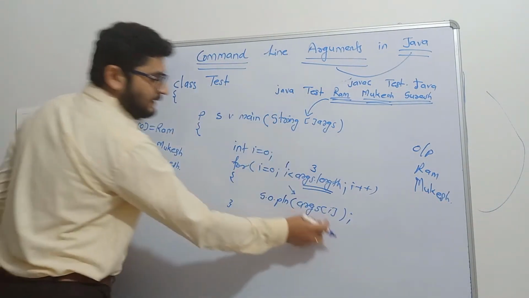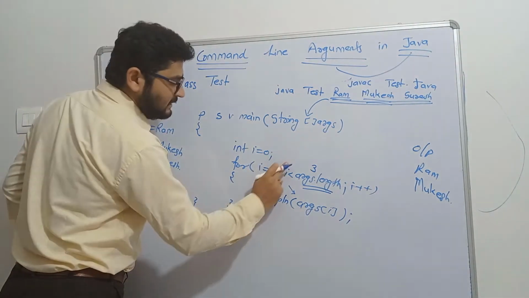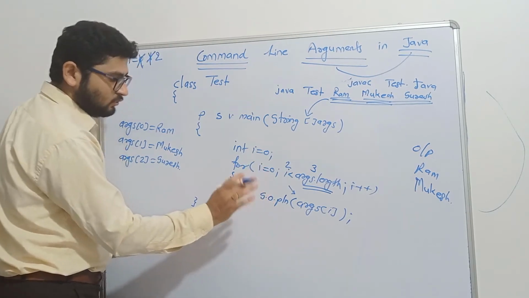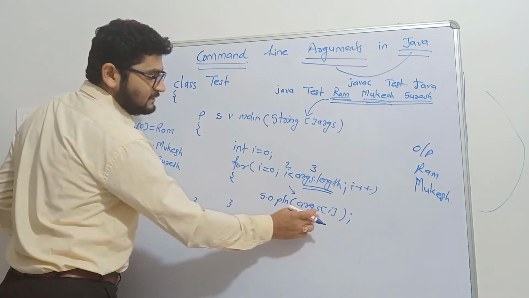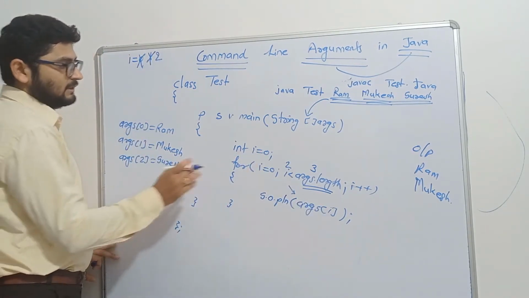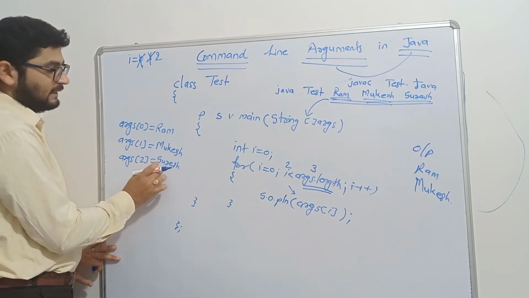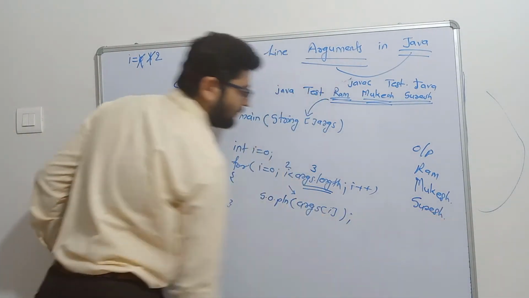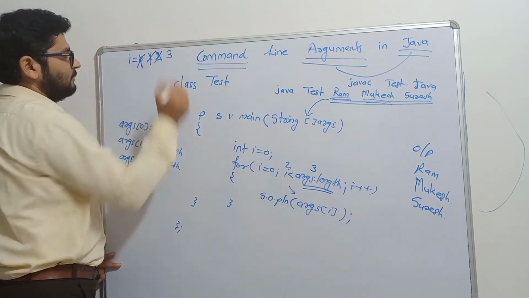After that, again i plus plus will be executed, so it will become 2. Now 2 is less than 3, the condition is true. It will come inside the for loop, System.out.println args of i. Right now the value of i is 2, so the third string, args of 2, will be printed, and that is Suresh. Then it will increment i by 1, so it will become 3.